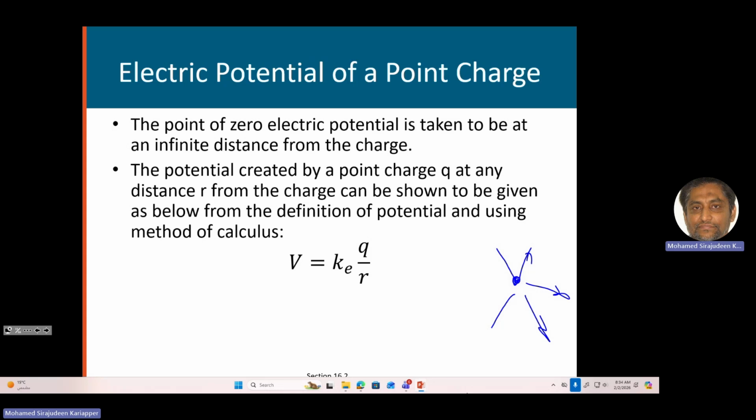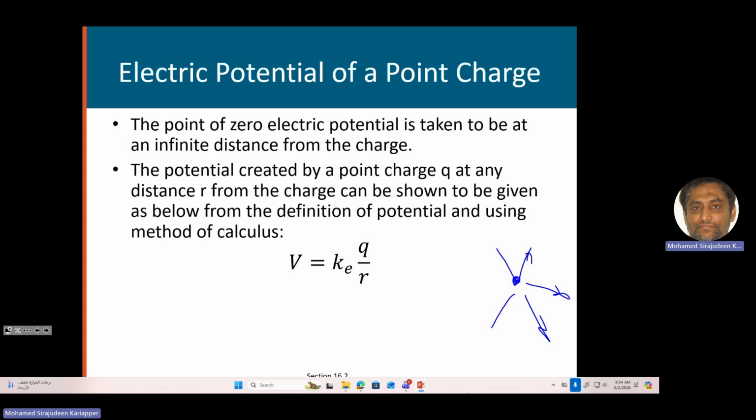Then, using some calculus, because the work done by a charge moving in a non-uniform electric field needs integration and so on, because it's not a constant electric field. We don't have to worry about how you get the result because integration is not part of the syllabus.